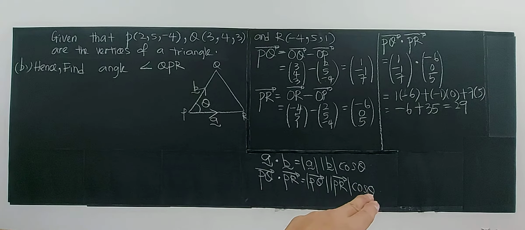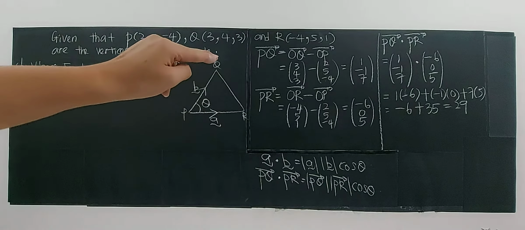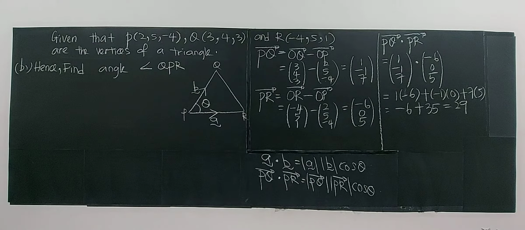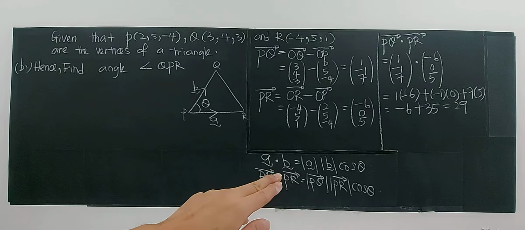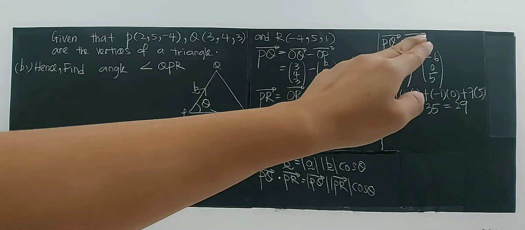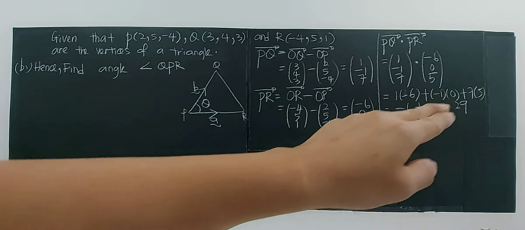The theta here is the angle QPR. We apply this definition. PQ dot PR we already have, which is 29.